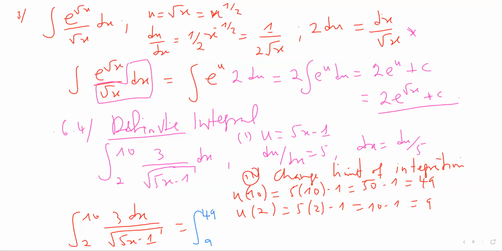Then now we have 3 over square root of u, and ds is equal to du over 5. So altogether we have 3 over 5 integral from 9 to 49 of u to the power minus half. And we can solve that.